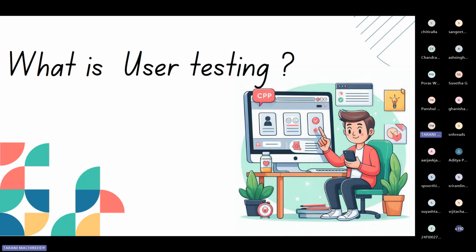It is a process where real users interact with a product or prototype to uncover issues, understand user behavior, and gather feedback. This process helps us ensure the final product is user friendly and meets the needs and expectations of its target audience. It helps in getting feedback from users.